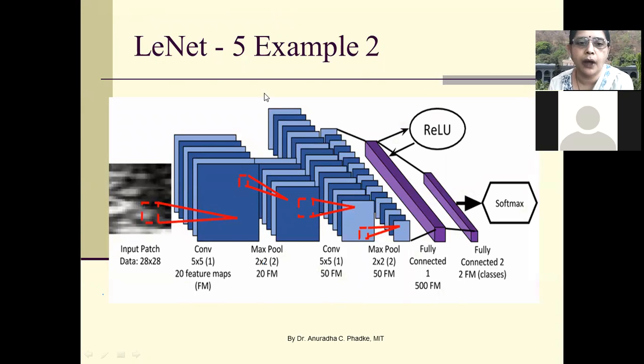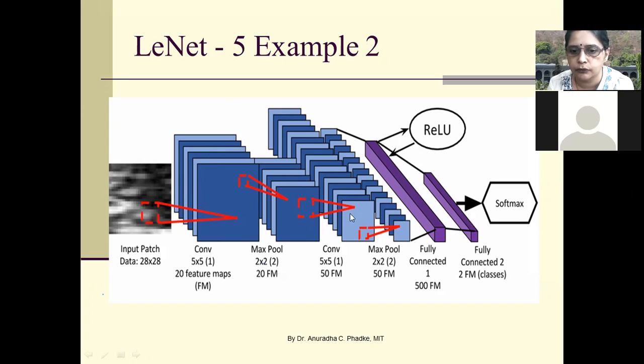So like you have LeNet 5 for character recognition, similarly, you can have a LeNet to perform some object detection operation as shown here. Again, here there is one convolution layer, then a pooling layer.